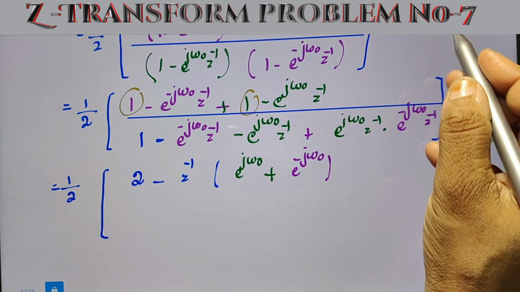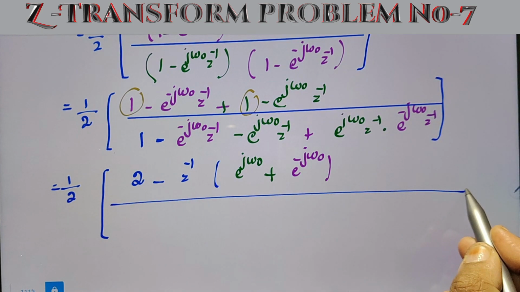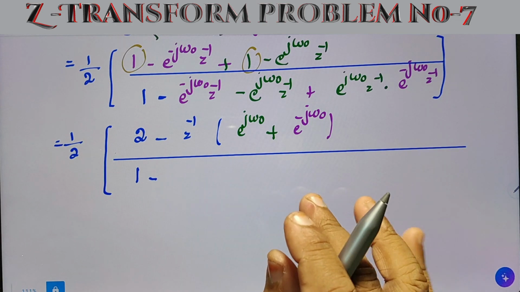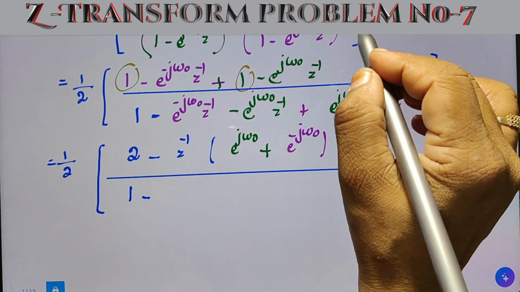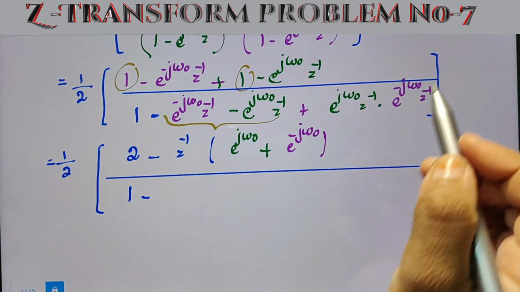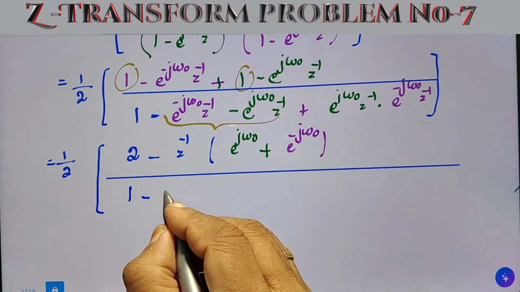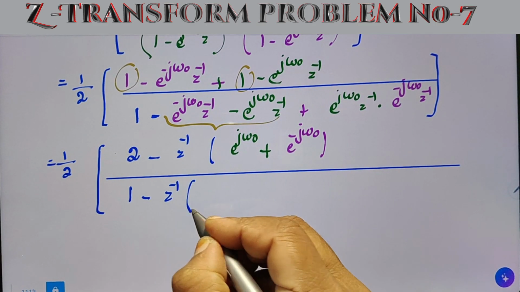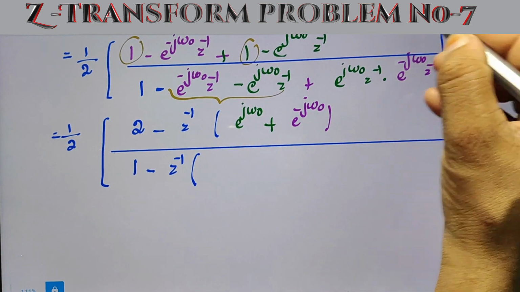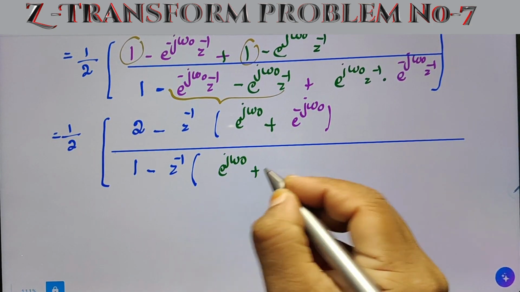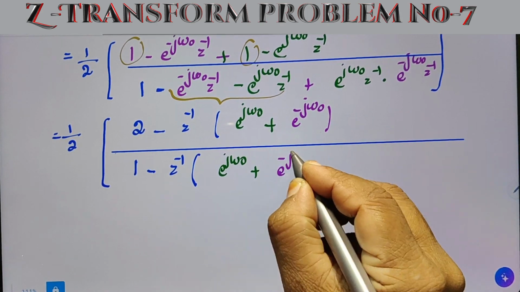Next, for the denominator term, the whole divided by 1 minus; in this term take z inverse as common. So z inverse common, open the bracket: e power j omega naught plus e power minus j omega naught.